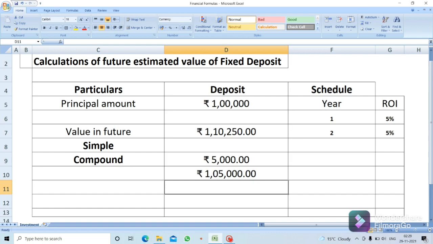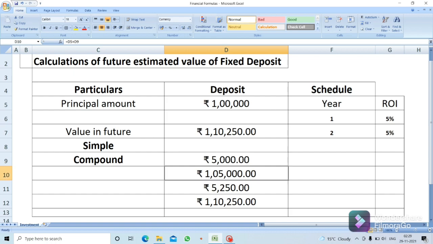Then in the second year, my 5% will be applied on the total amount, that is principal plus interest. So again I apply 5%, and it comes to 5,250, and my total value increases to 1,05,000 plus 5,250, that is 1,10,250 rupees. Which means, in compounding interest, in the first year I got 5,000 and my total value increased to 1,05,000.